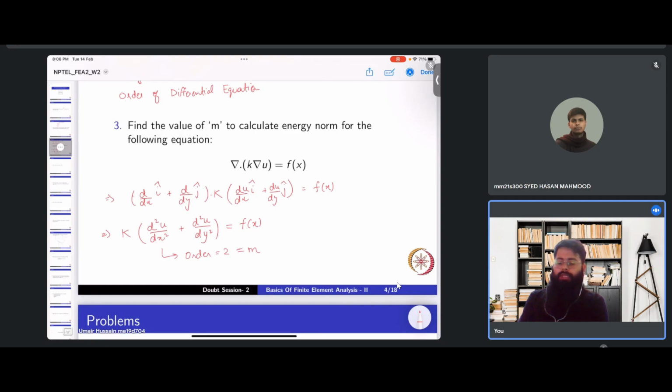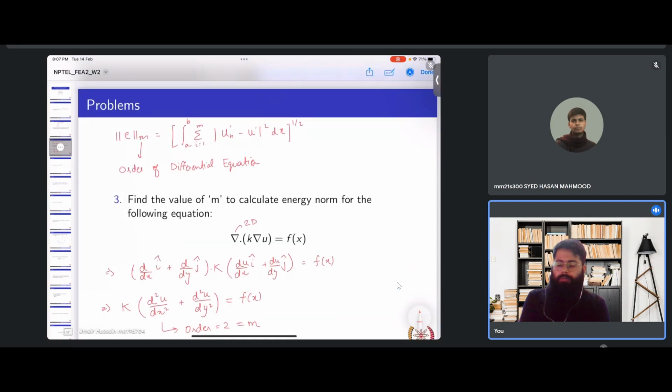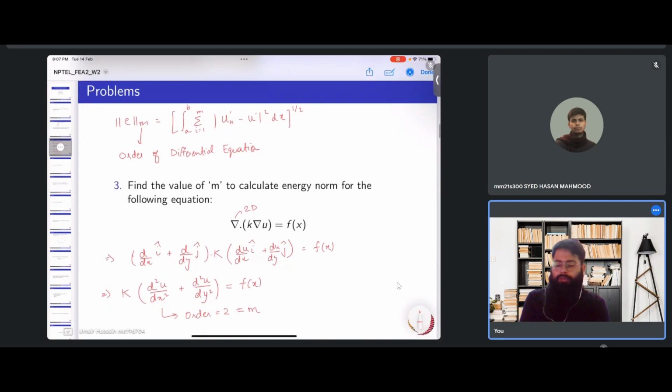That's how we find the order in 2D or 3D problems like that. I'm assuming it right now to be 2D. That's how I validated this differential equation. So for this type of problem, we'll have a value of m equal to 2, and that's how we'll calculate this energy norm.